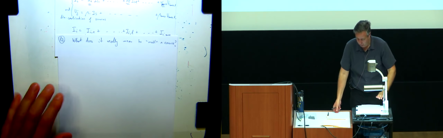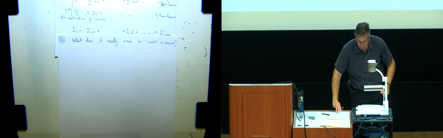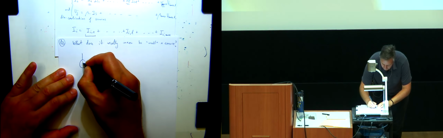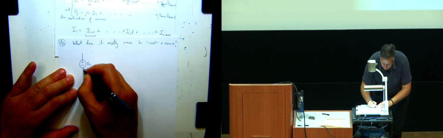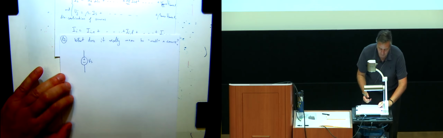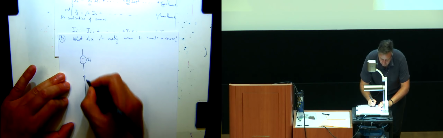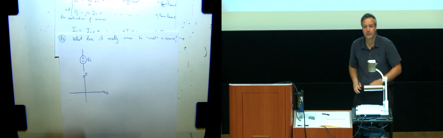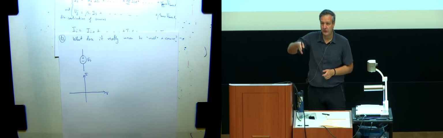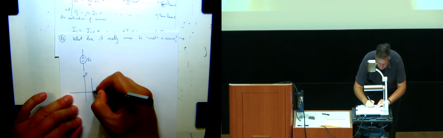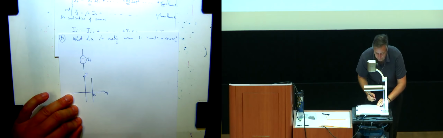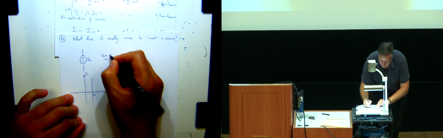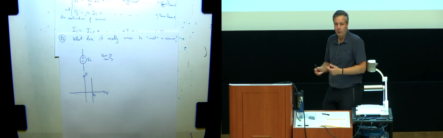Let's take an example, right? Let's do a voltage source. Right. So, how does the IV curve look like for a voltage source? Yeah, vertical line at Vs, right? So let's say it's Vs here. So, if I say that Vs equals 0, which means that's what I want.